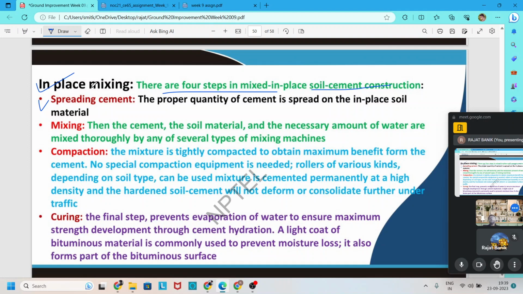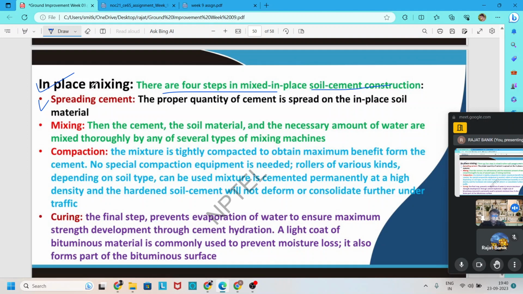The fourth step in mixing is curing. It is the final step, to prevent the evaporation of water and ensure the maximum strength development through cement hydration. A light coat of bituminous material is commonly used to prevent moisture loss, and it also forms part of the bituminous surface.